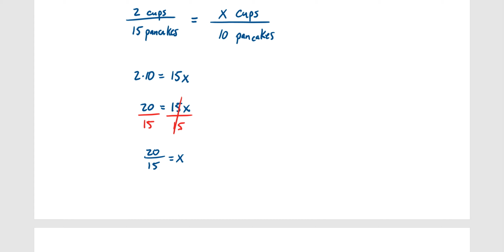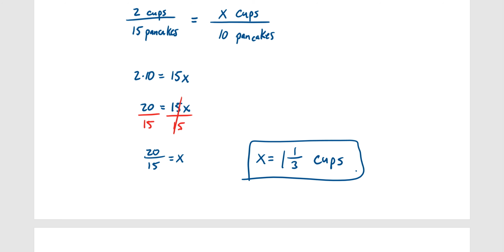And this will end up being x equals 20 over 15 as a mixed number, which would end up being 1 and 5/15, which is 1 and 1/3. So it's 1 and 1/3. Can't forget to label it 1 and 1/3 cups.